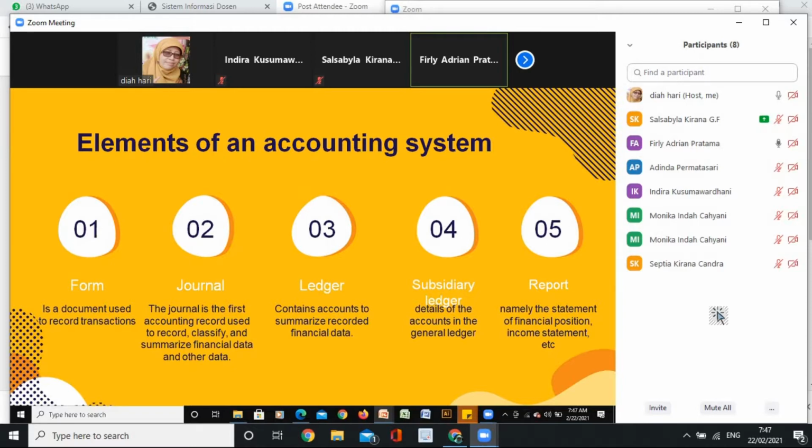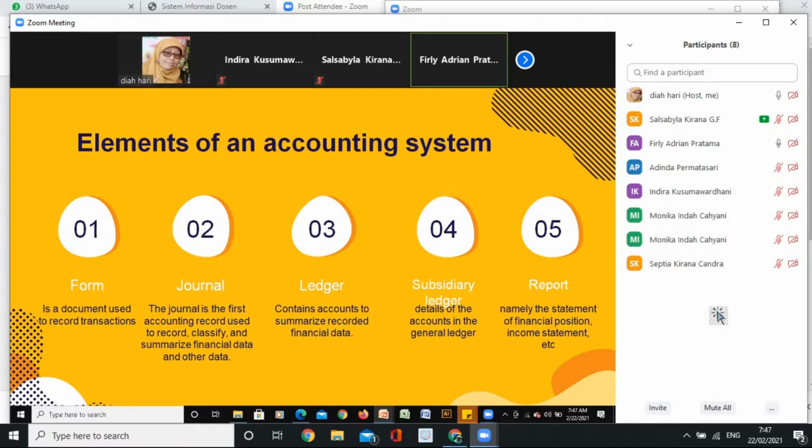The third is ledger, which contains accounts to summarize recorded financial data. The fourth is subsidiary ledger. It details the accounts in the general ledger, containing the derivative accounts if needed.